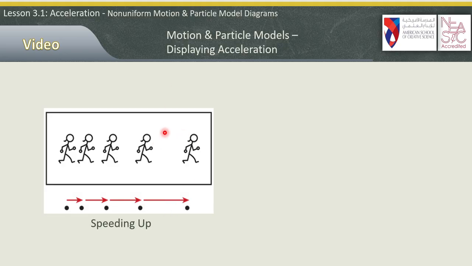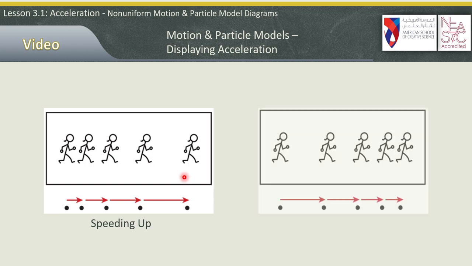So here, speeding up. And when an object slows down, each velocity vector becomes what? Shorter in this case, and the spacing between dots decreases. In this diagram, the jogger slows down and the dots move closer together.